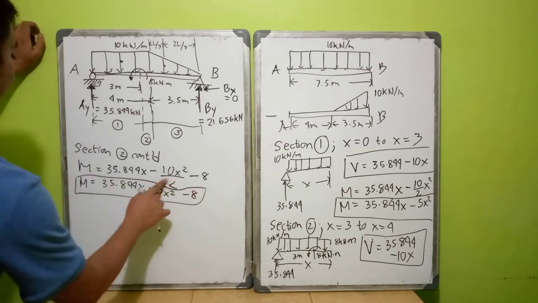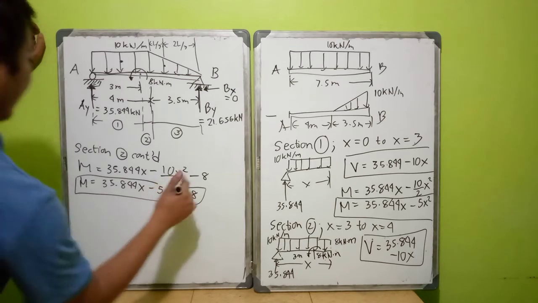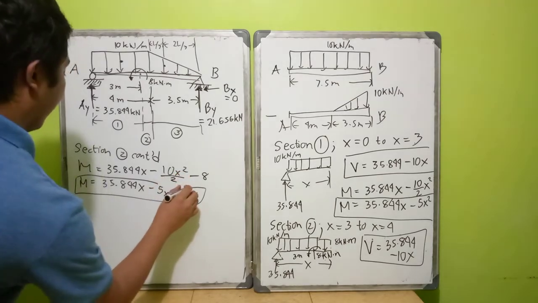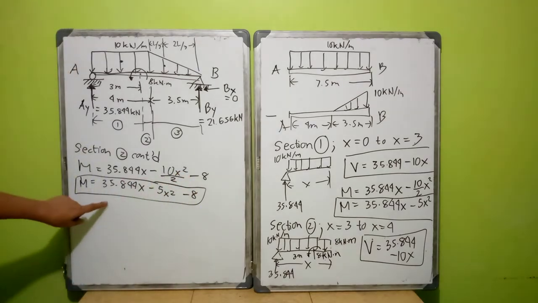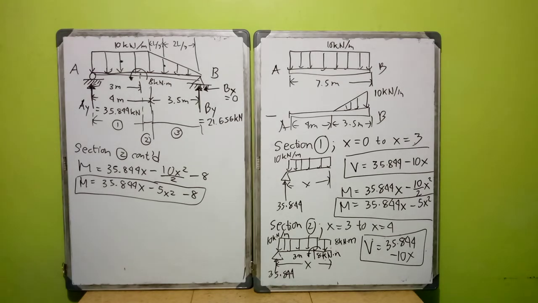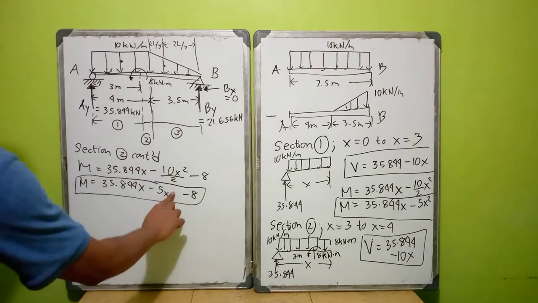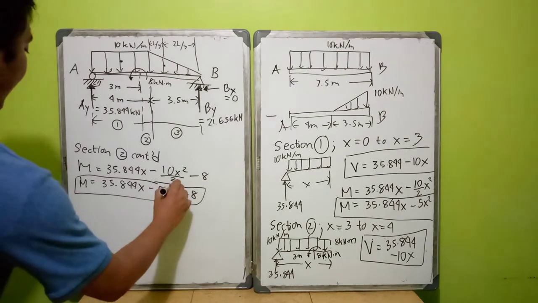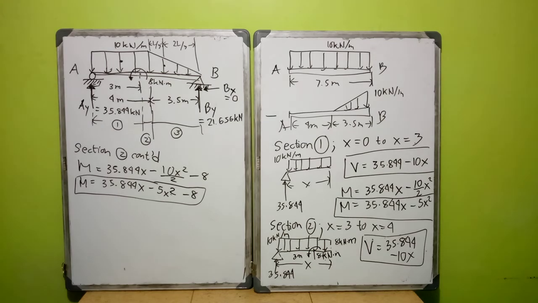Okay, this will be your moment equation for section 2, at x equals 3 to x equals 4.